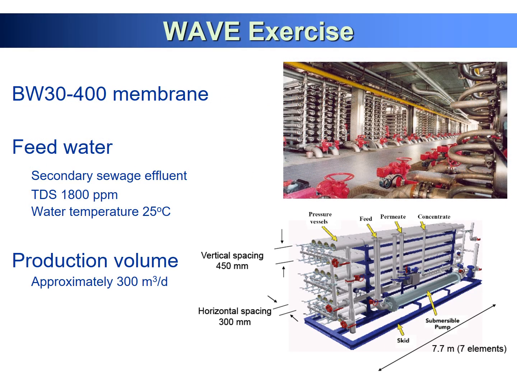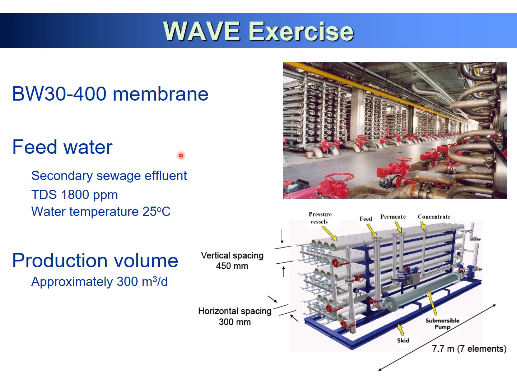In general, for wastewater reuse, we utilize the brackish water BW30-400 membrane from Dow Chemical, Dow FilmTec. So we can select this one, and the feed water is a secondary sewage effluent. TDS is 1800 ppm, water temperature 25 degrees.